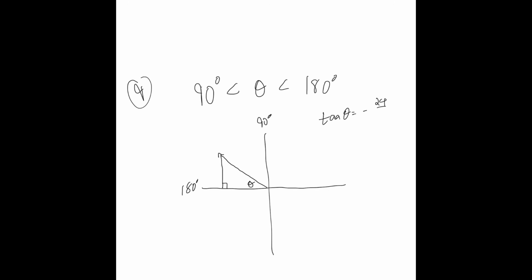Tangent is opposite over adjacent, so this would be a +24 and a -7. That's also a triple, 7, 24, 25. And it wants to know sine theta, opposite over hypotenuse, 24/25.